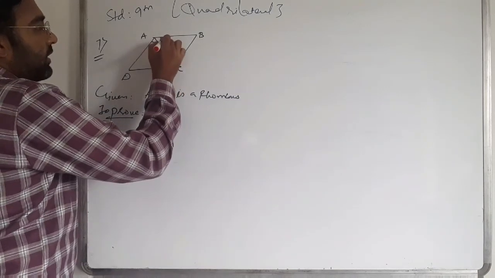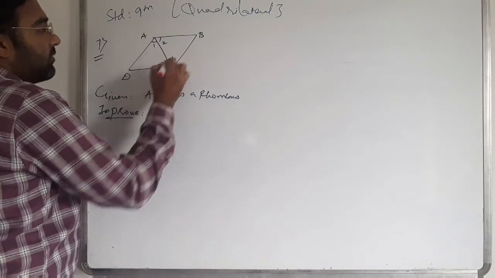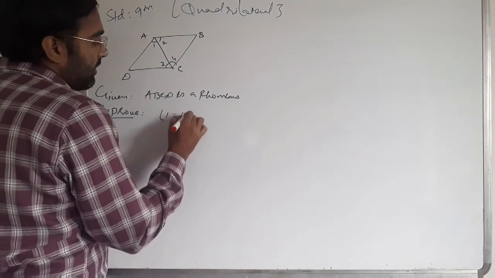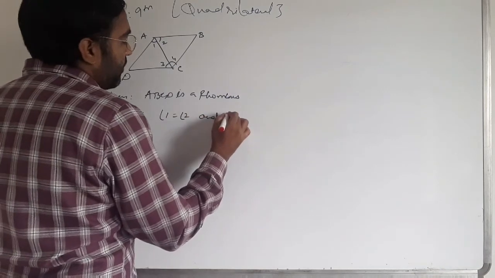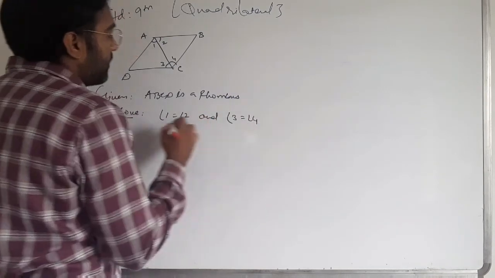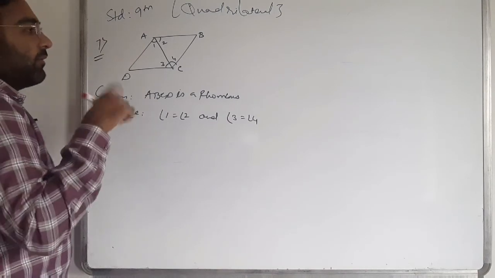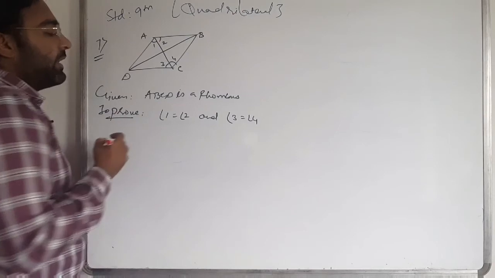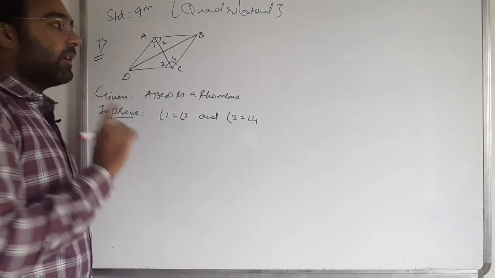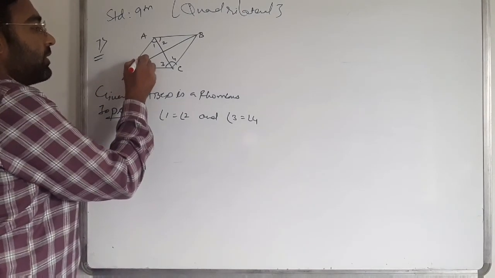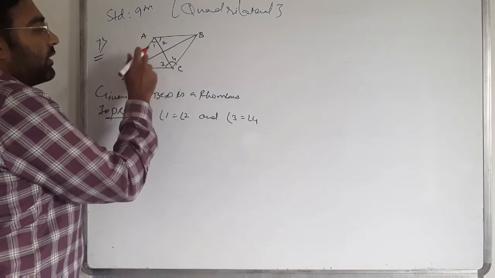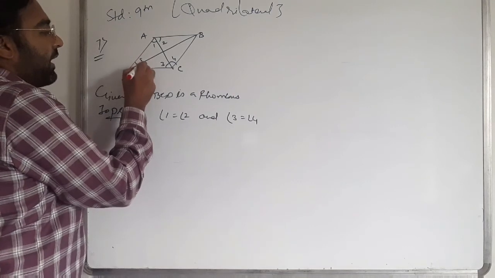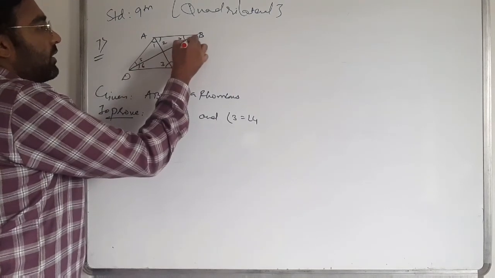I'll name the angles here as 1, 2, 3, 4. That means we need to prove angle 1 is equal to angle 2, and angle 3 is equal to angle 4, for the diagonal AC. For the diagonal BD, which bisects angle B and angle D, I'll name the angles 5, 6, 7, 8.